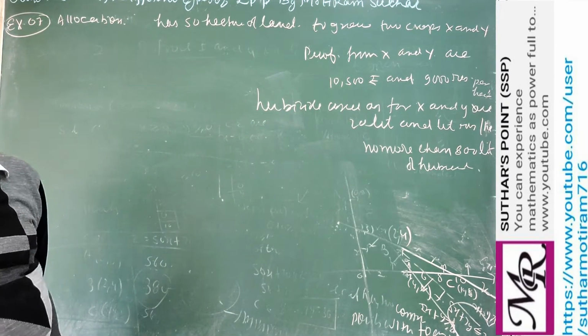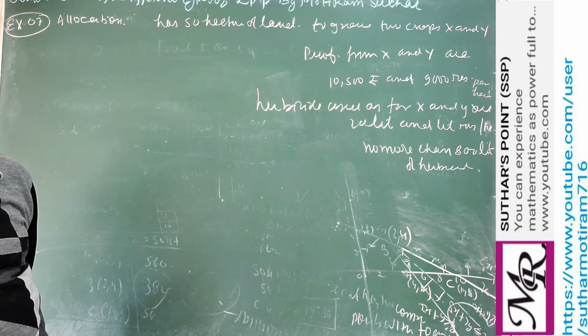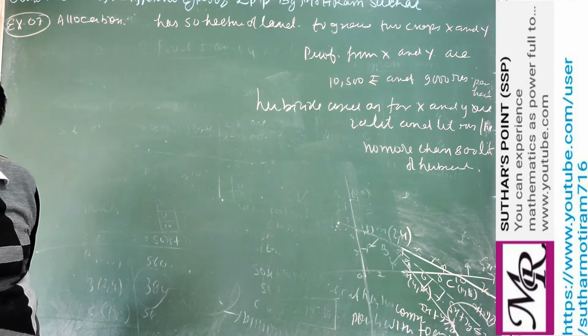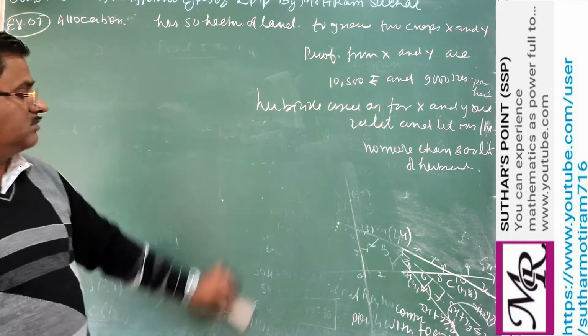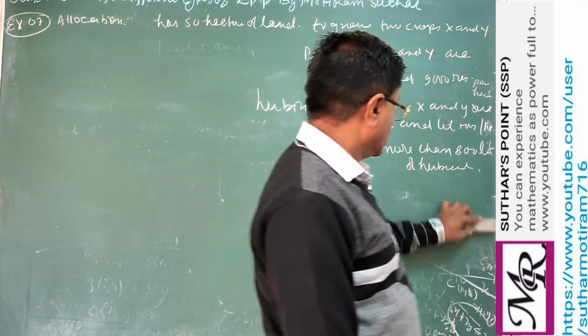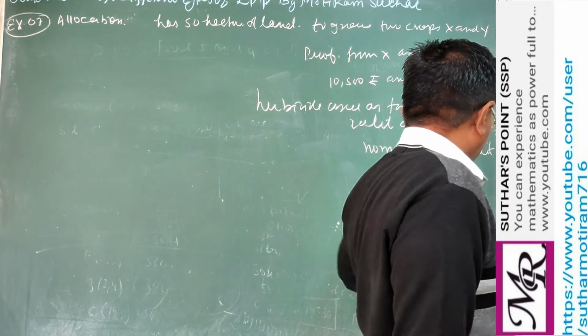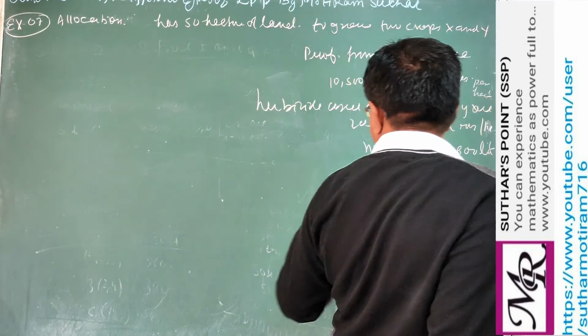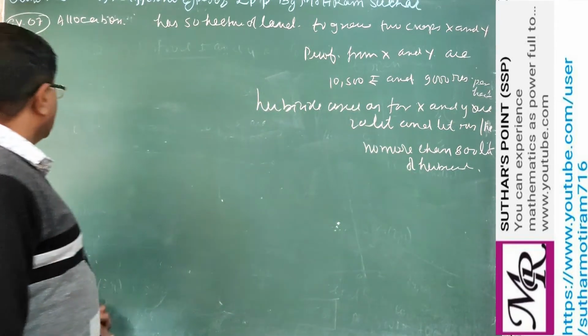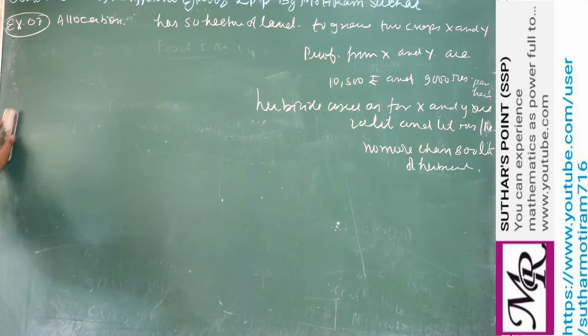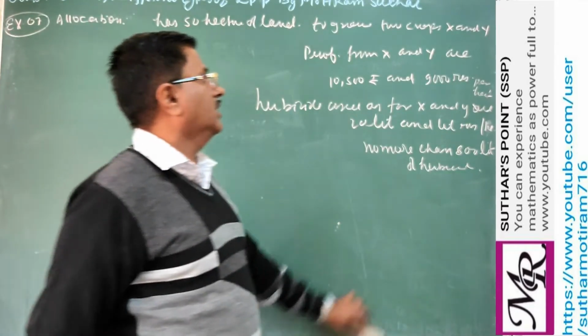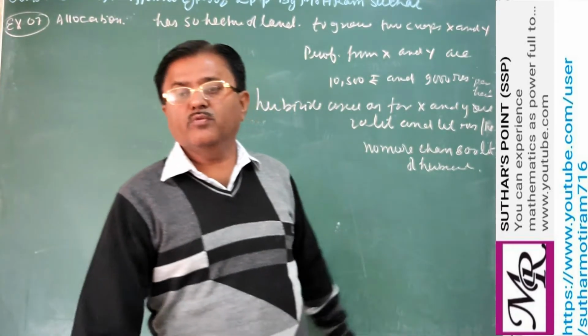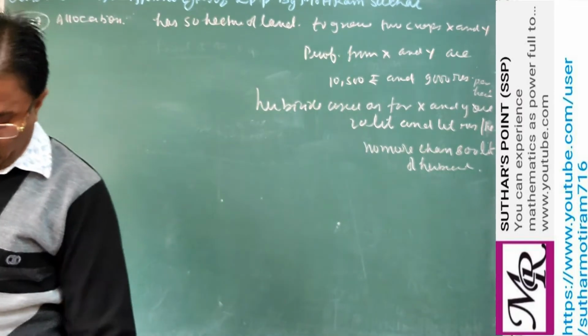Now it asks, how much land should be allocated to each crop so as to maximize the profit? So the society has to see in how many hectares to grow X type crop, and in how many hectares Y type of crop will be grown.